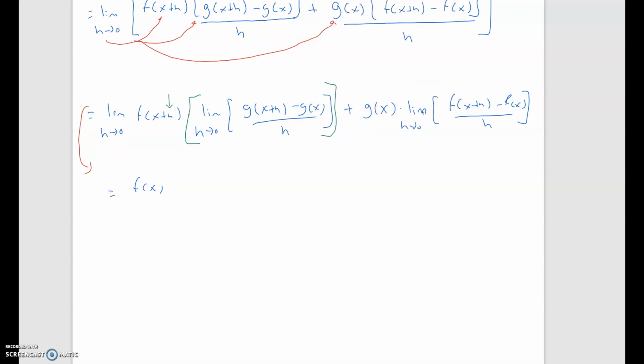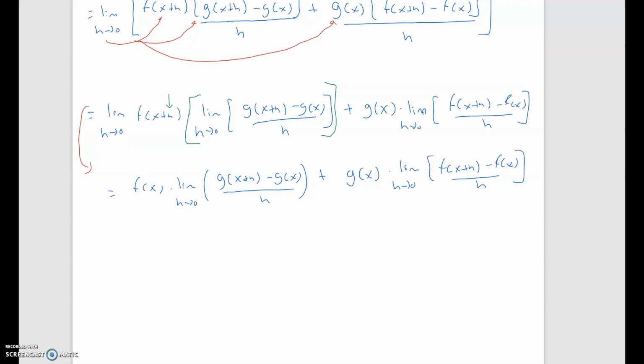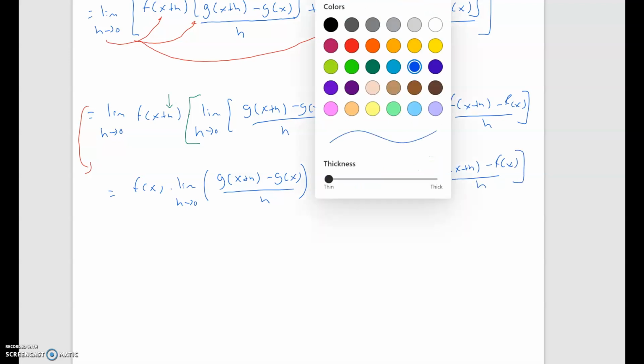So we still have f of x times the limit as h approaches 0 of g of x plus h minus g of x all over h, plus g of x times the limit as h approaches 0 of f of x plus h minus f of x divided by h. And then we need a disclaimer here.